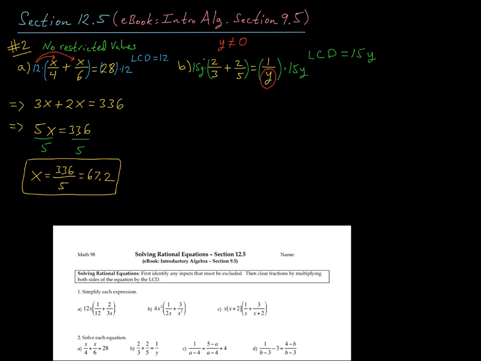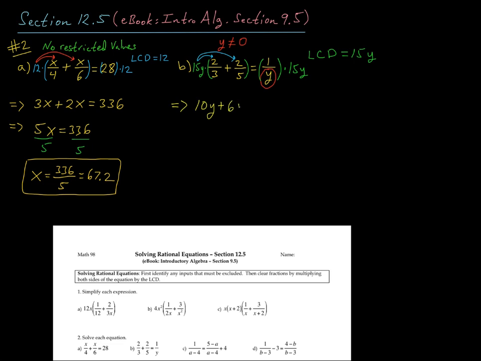And then on the left side, I'll go ahead and distribute the 15y. And that's going to give us, well, 15y times 2/3. 3 goes into 15 5 times, and 5 times 2 is 10. So that's going to give us a 10y plus 15y times 2/5. Well, 5 goes into 15 3 times, and 3 times 2 is 6.